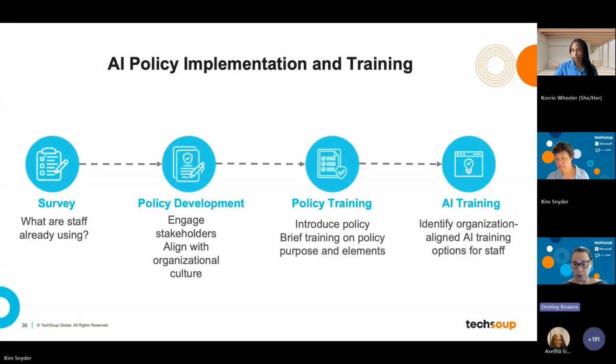And then, like any other policy, you want to educate your staff around why these things matter, what AI even looks like, and the reasons why you may or may not want to use it, and do that in conjunction with a little bit of training. So this is all what it would look like to try and implement this within an organization. But it starts out, I think, first with the understanding of where you are and where you want to get to, and then creating the guidelines, the policy, and the education around that.